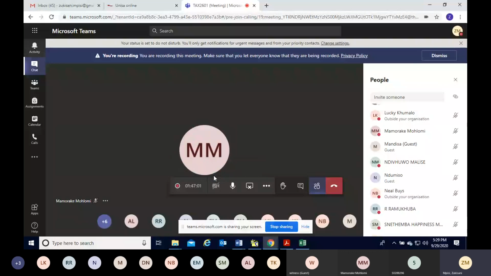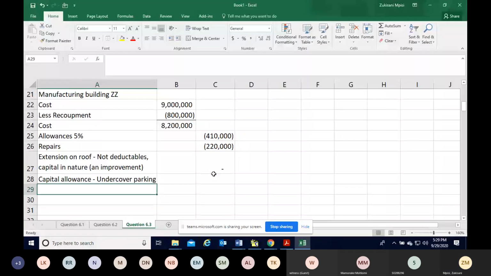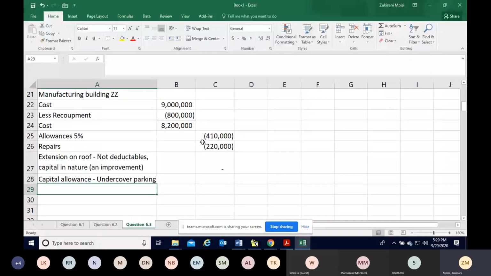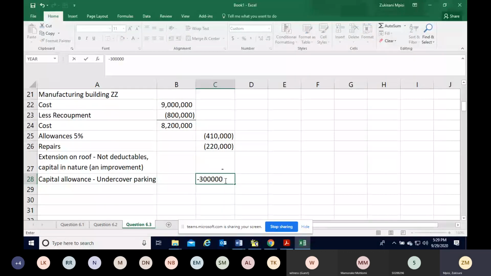So we're going to apply this 5 years. Because this happened straight at the beginning of the year on the 1st of April, therefore it's going to be covered in full: 300,000 divided by 5 years, which gives you 60,000 that you can claim in the current year.